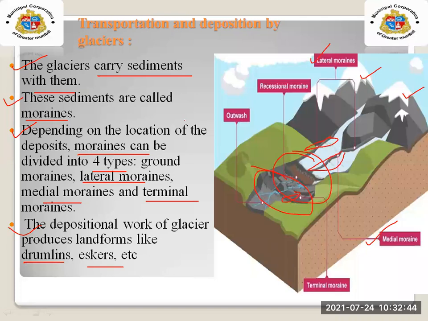Eskers means a long, narrow river-like ridge, you can see, student, and it is produced through the deposition of moraines. Means deposition is more over there and the river flow is very less. That is known as the eskers. This was about the transportation and deposition by glaciers.